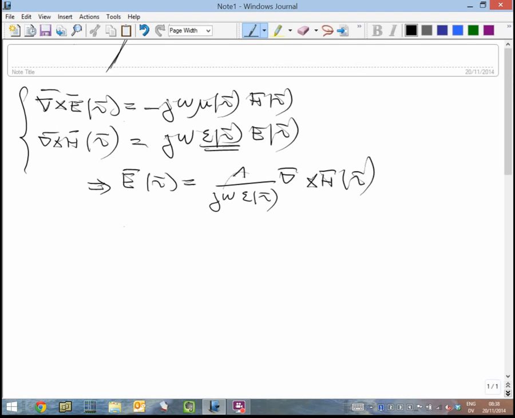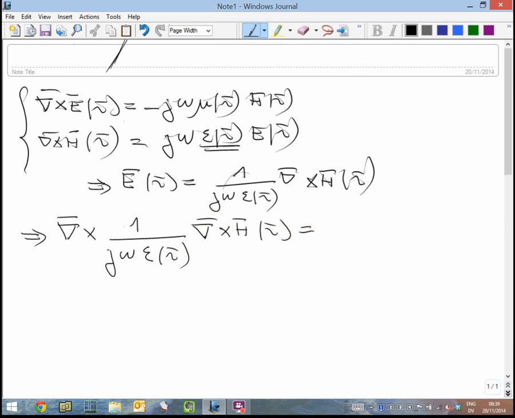And then we can just substitute that in the first equation, and then we simply get the curl of the electric field, which we calculated to be 1 over j omega epsilon of r, curl of the magnetic field, equal to, what is our right hand side, minus j omega mu of r, H of r.